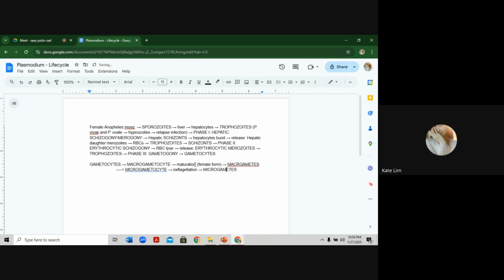Again, take note that the microgametocyte is the male form. So that is your microgametes. Therefore, class, the macrogametes and your microgametes meet and fertilize, forming a zygote, and the zygote then transforms to become an ookinete.